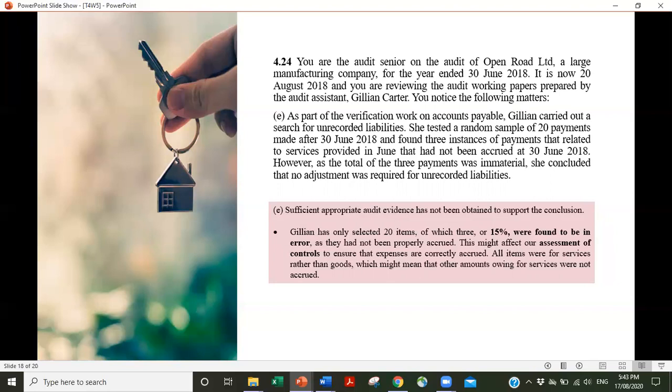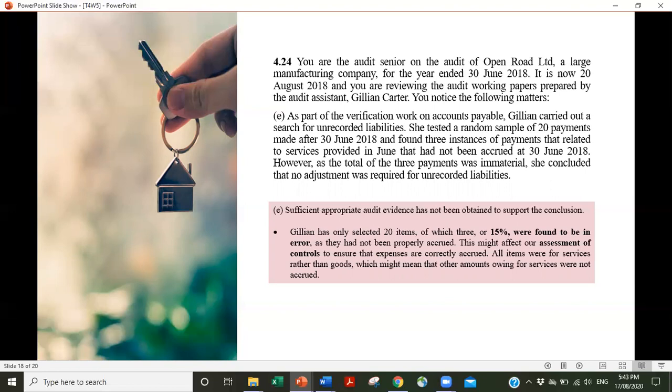Sorry, that did have services provided in June, and they weren't accrued. Individually, they may not have been material, but collectively, 3 items out of 20 is like 15%, which is too high.